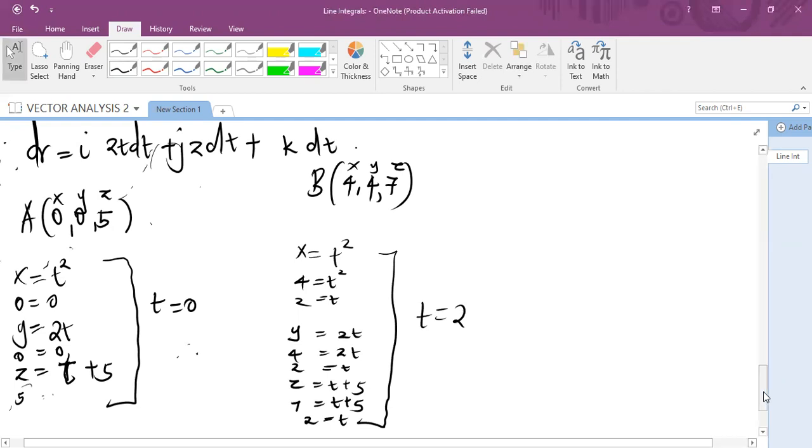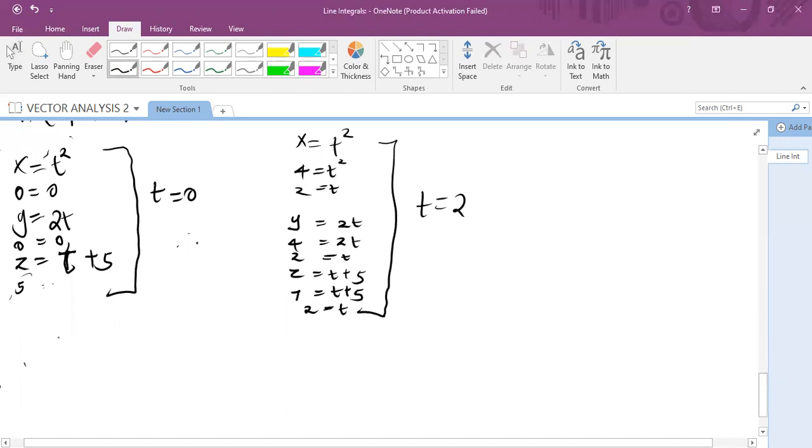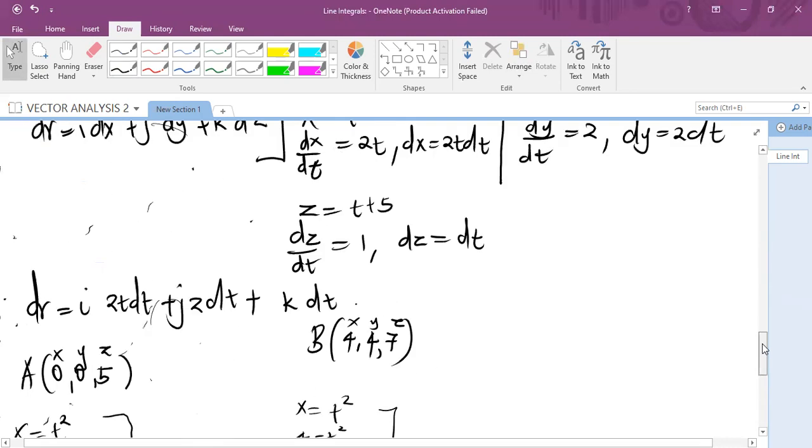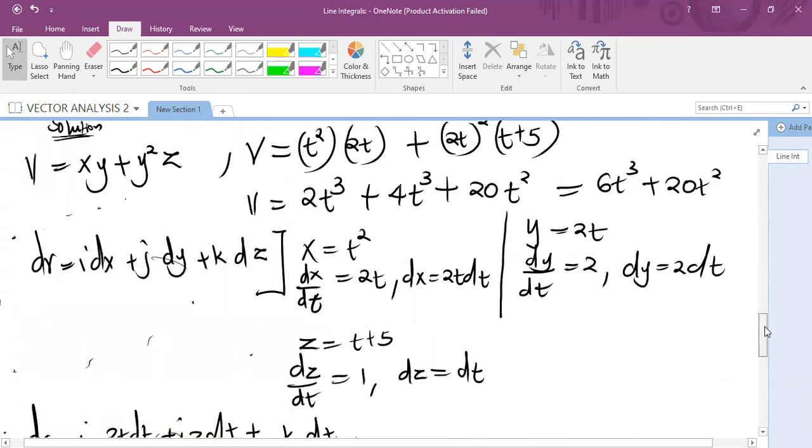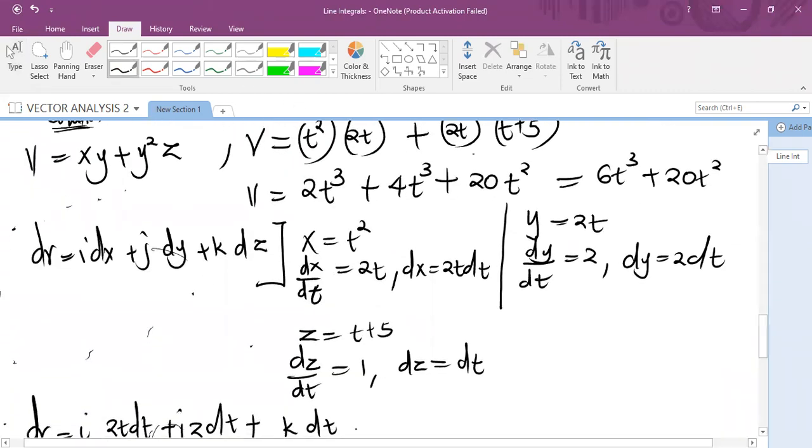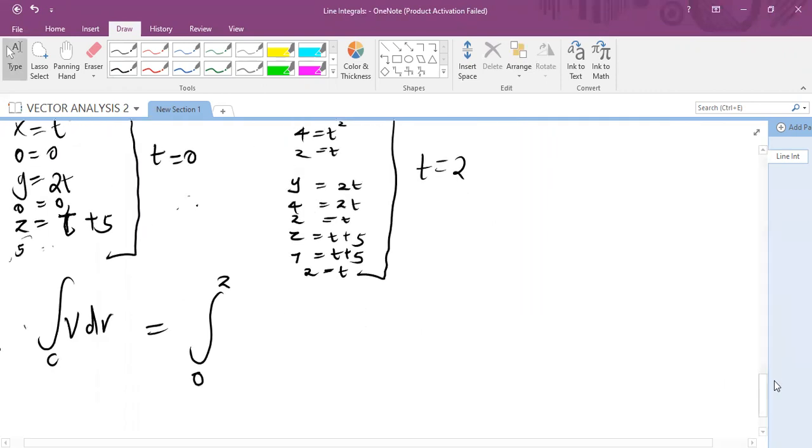So let's now write our line integral. So our line integral is given by the integral of v dot dr. So we've written all this with respect to the new variables. We're integrating from 0 to 2. What's the value of our v? Our v with respect to the new variable, we got it to be 6t cubed plus 20t squared.